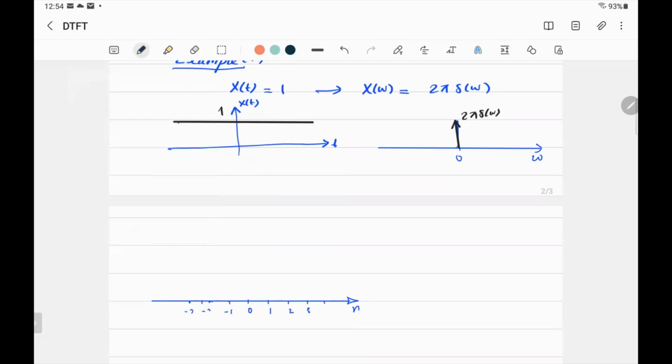So the height is 1. And you just continue like that. And the height of each one, you make a circle like that.